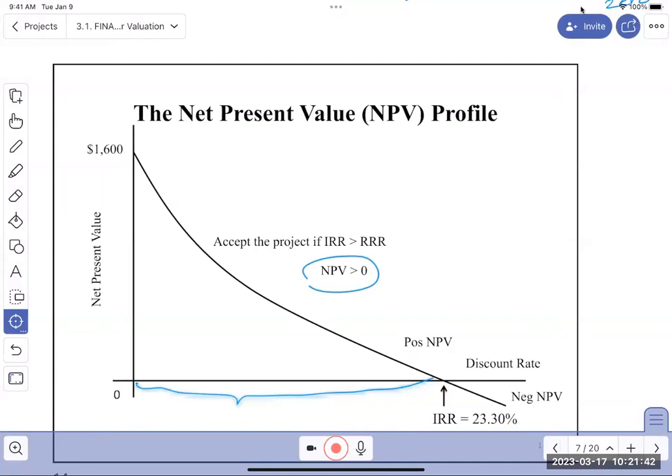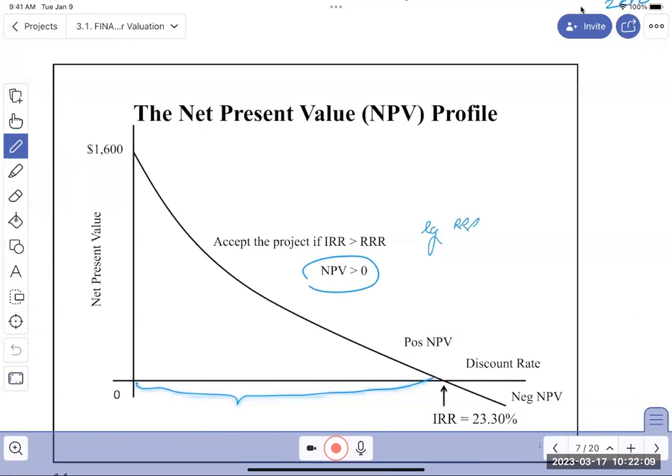And then the way that we conclude is we only operate where NPV is positive. In other words, the internal rate of return, in this basic investment type problem, behaves like a return on investment, and you compare it to the required rate of return. So whatever's required, in our case, it was 10%.